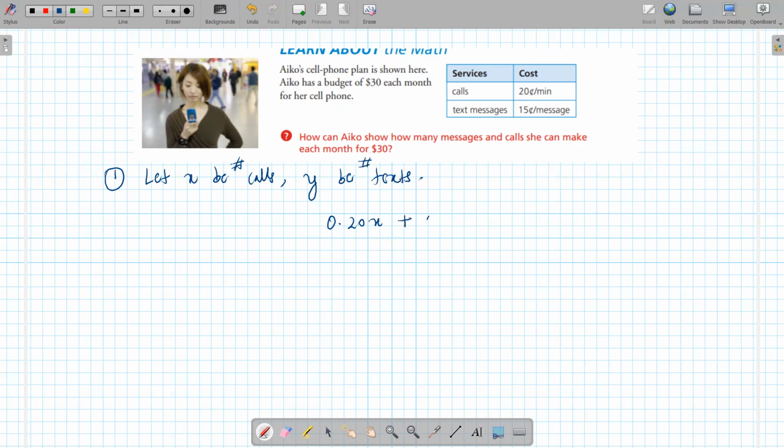And then 0.15 y is the money spent on texts. We add them up because the bill adds them up, and we know her budget is $30. So there you go, that is the answer to this question.